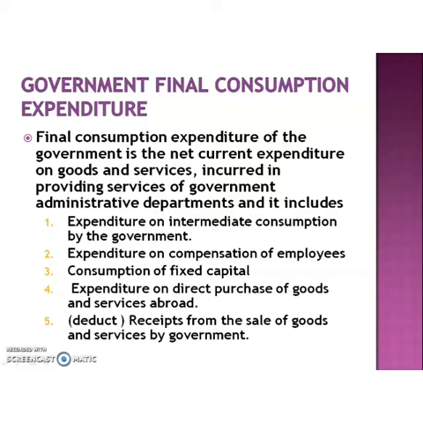And it is estimated by considering items like expenditure on intermediate consumption by the government, expenditure on compensation of employees, that is wages and salaries in cash and kind, and consumption of fixed capital, that is depreciation, expenditure on direct purchase of goods and services abroad, and deduct receipts from sale of goods and services by the government. So these are the items included in government final consumption expenditure.